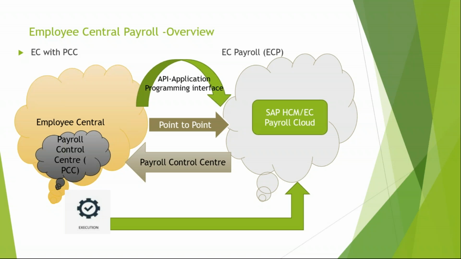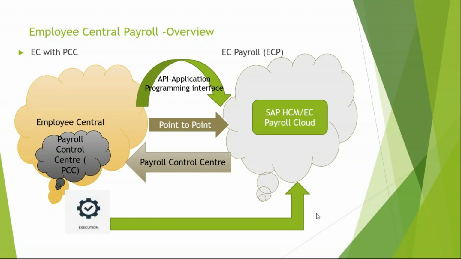When your data is replicated from EC to ECP, the replication program or the API server reads the data from EC stating that ABC is maintained for XYZ employee, the value is 10,000, for XYZ date. So the replication program through this P2P first reads the data: ABC maintained, value is 10,000, date is 12th September 2021. So this is falling within my date range.